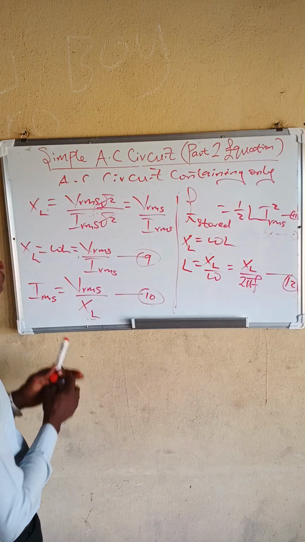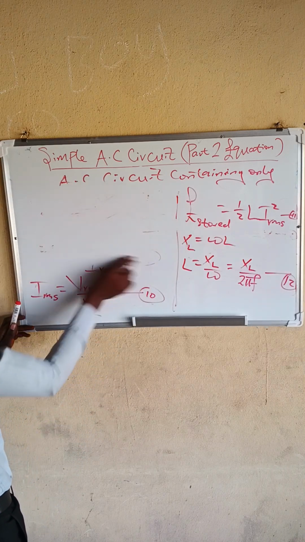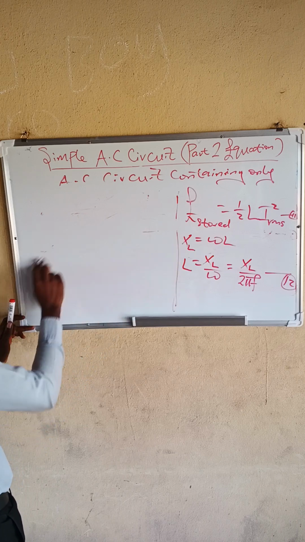So for instance, if you have resistors connected in series, then you can have the effective resistance.